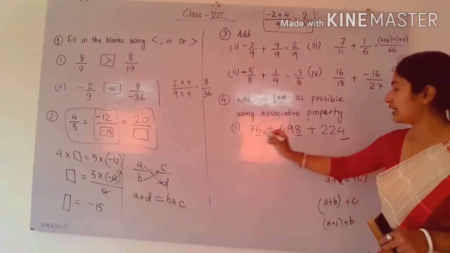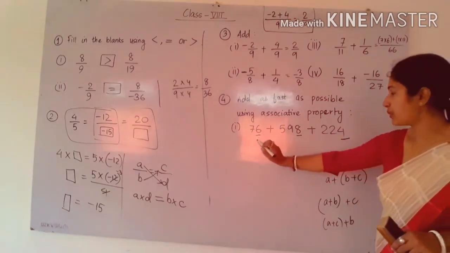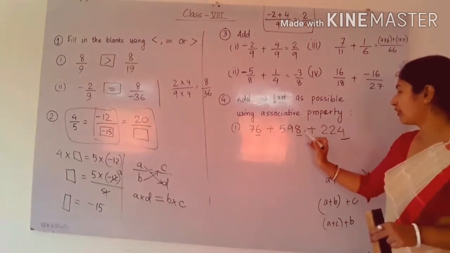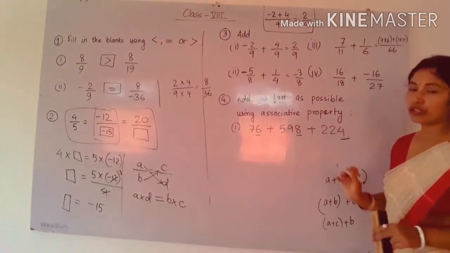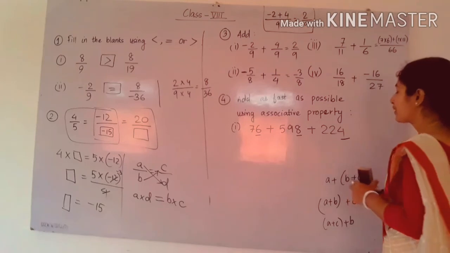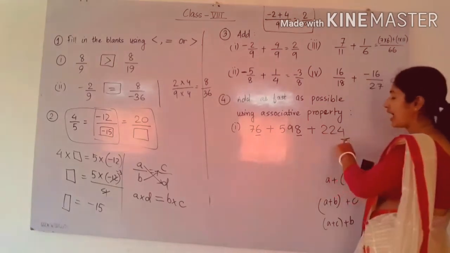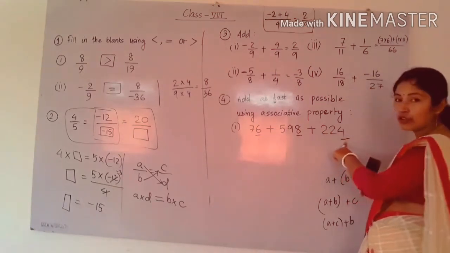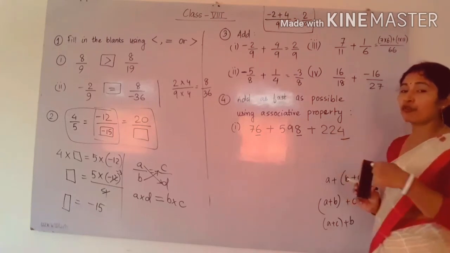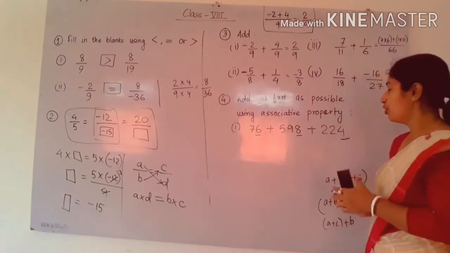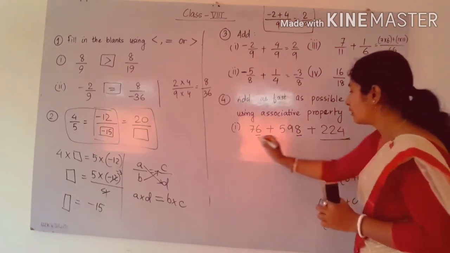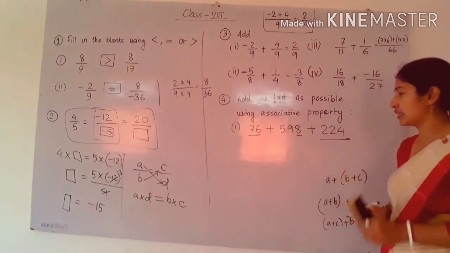If I add 8 and 6, I will not get 0 in the ones place. And if I add 8 and 4, I will also not get 0 in the ones place. But 6 and 4, by adding 6 and 4 I get 10, and in 10 we have 0 in the ones place. So we have to add 224 and 76 first.